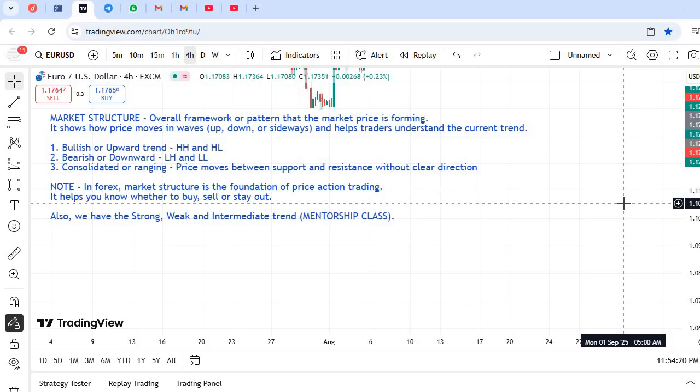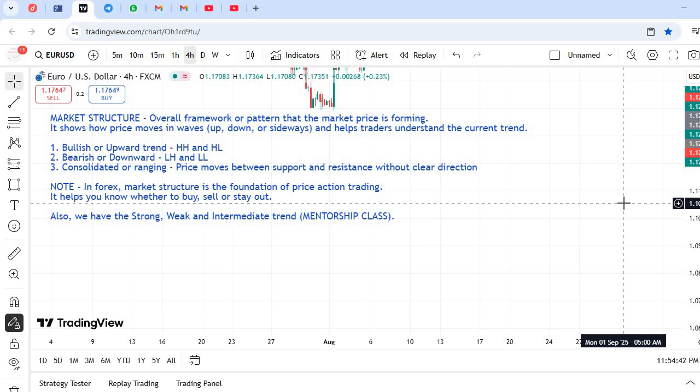Price is either moving upward or downward or sideways. That is what market structure is talking about. It's letting us know the movement of price.